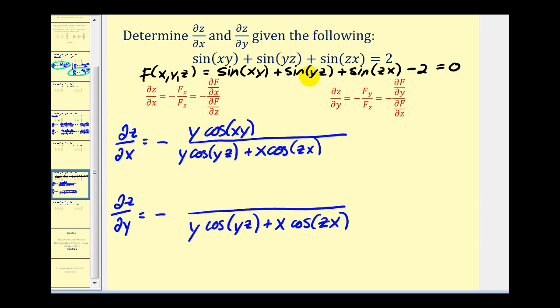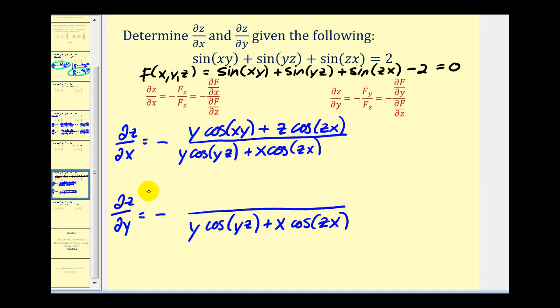The derivative of sine yz is going to be 0. The derivative of sine zx is going to be cosine zx times z. So I'll put the z in the front. Now it may be tempting to simplify this, but remember we cannot simplify across addition or subtraction, and the arguments of these cosines are different.